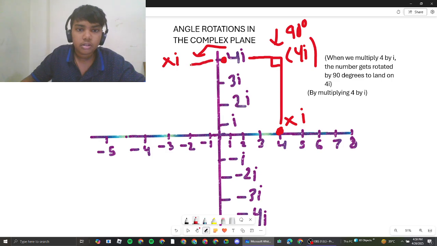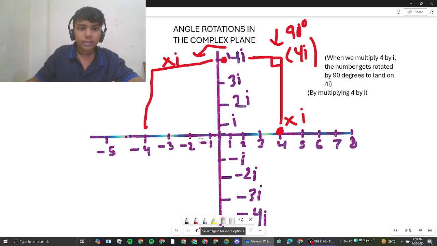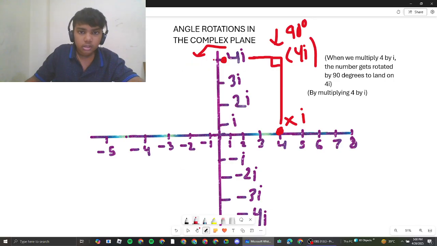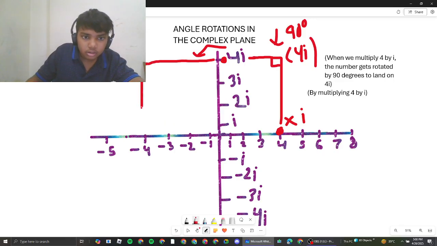We would land on this, and as you can see, this is a 90-degree angle.